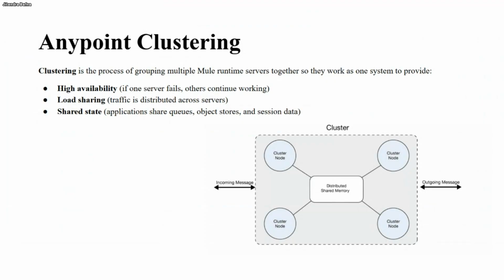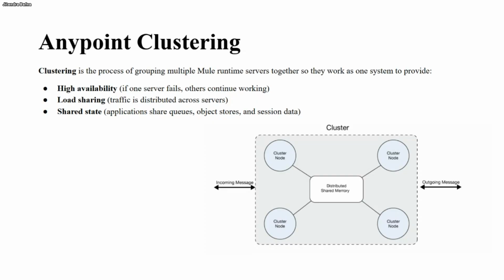It can also be used for distributing the traffic across multiple servers or nodes, and it shares state. For example, if your application is using object stores and VMQ, whatever object store is used by both applications should be shared. Even VMQ should be shared.